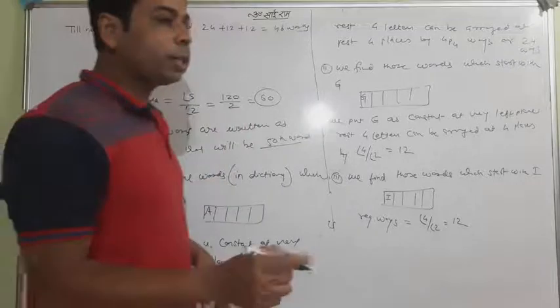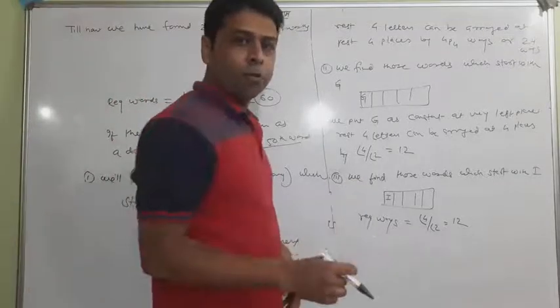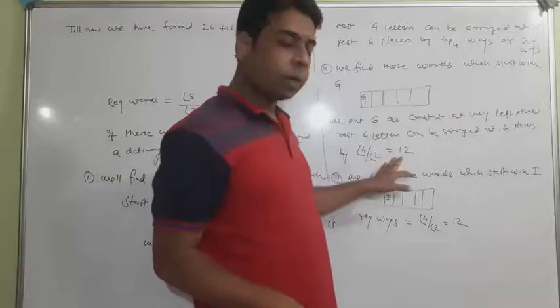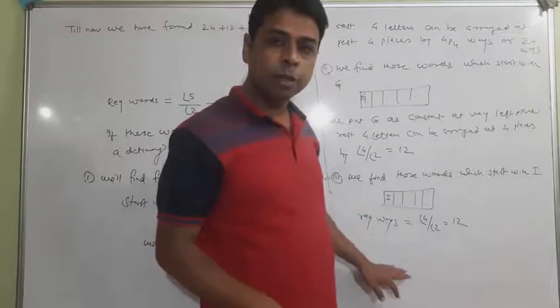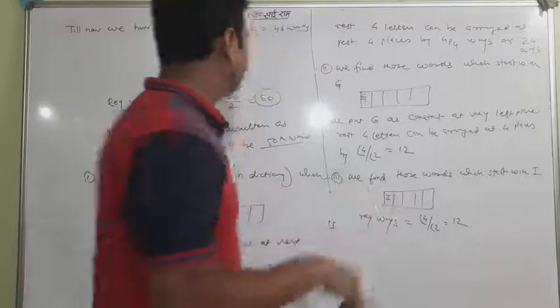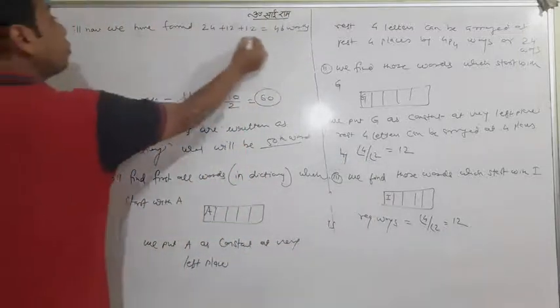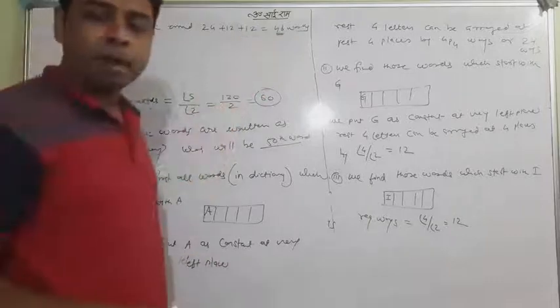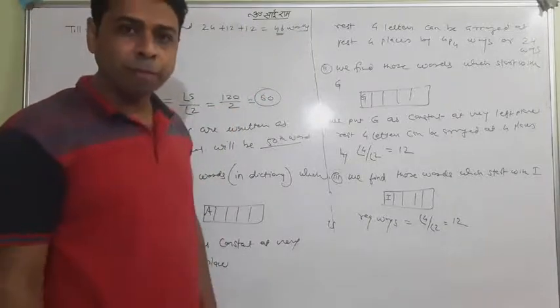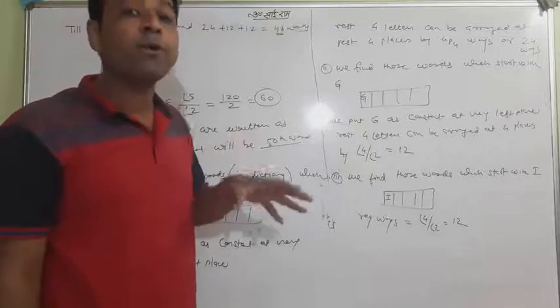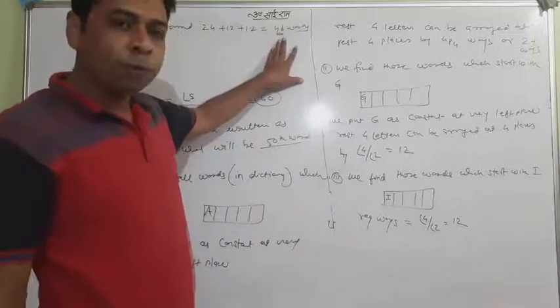We started with A, 24 words we got. We started with G, 12 words we got. We started with I, 12 words we got. Now N is remaining. If 48 words already happened, I don't want to use a similar method for N because it will also be 12. But we want to concern about the 50th word. So think about what will come after 48.